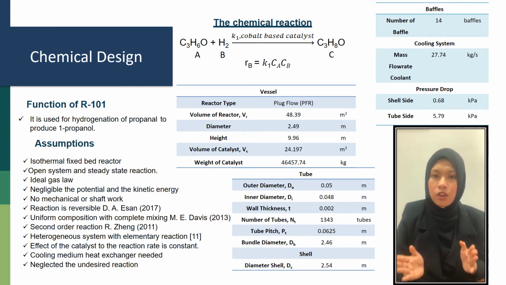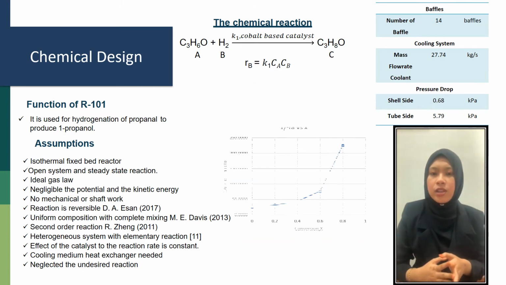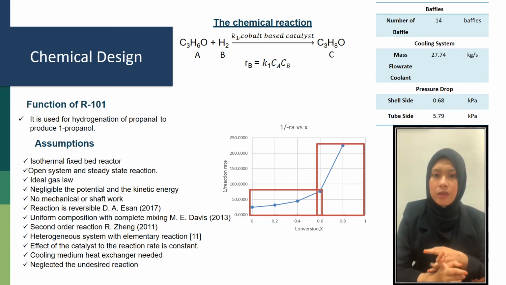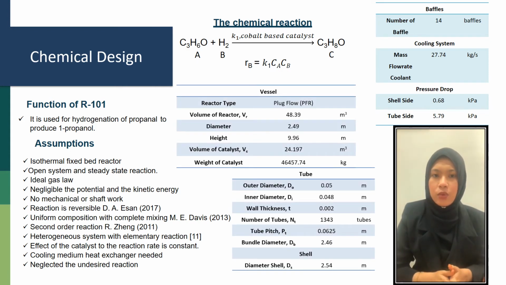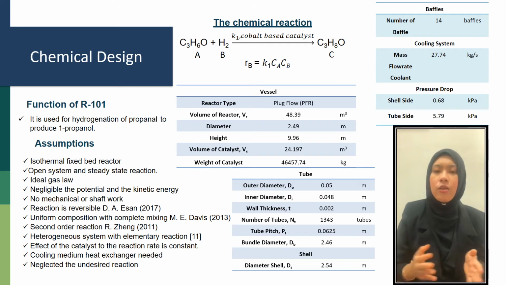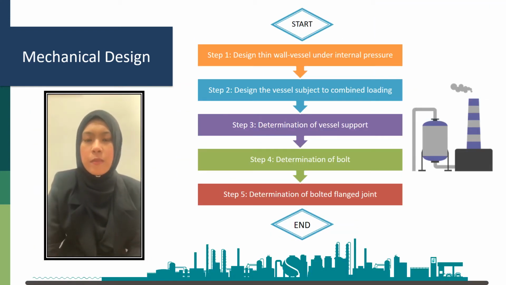Then, the volume of the reactor is determined using Simpson's 3/8 rule and the trapezoidal rule for finding the area under the graph. The hydrogenation reactor is designed with 48.39 meter cube volume, 2.49 meter diameter, and 9.96 meter length. These are the results obtained after the calculation for designing the chemical parts of the hydrogenation reactor. Next, we proceed with the mechanical design for the hydrogenation reactor.